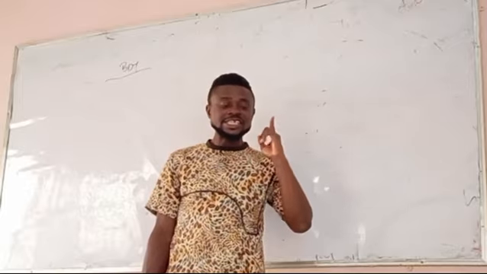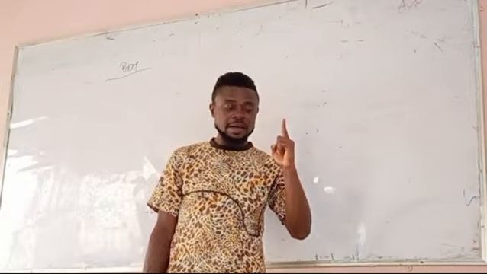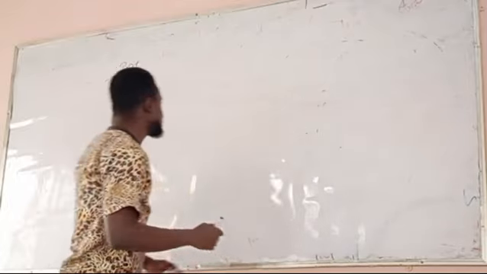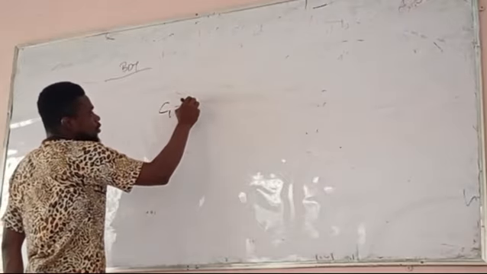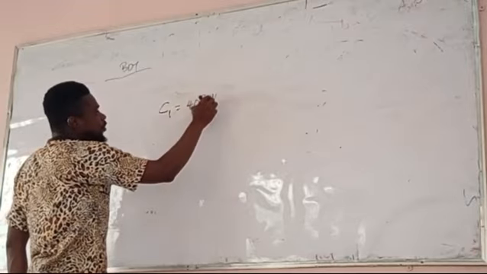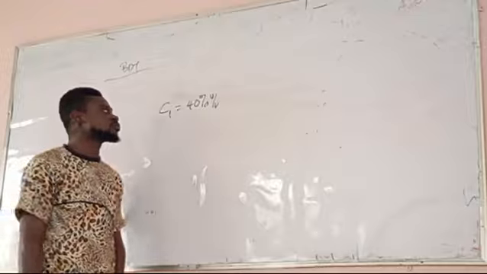We are told that the initial concentration of this solution was 40. So C1 was 40% volume per volume, volume in volume.